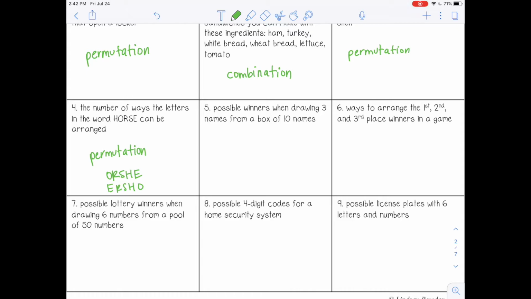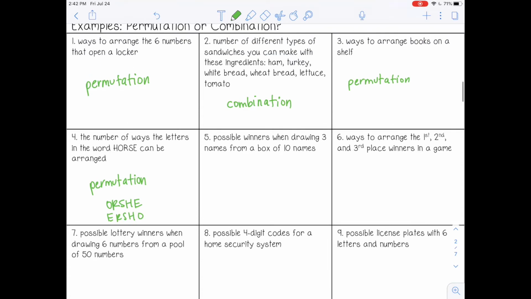The letters are in a different order, and that's a different arrangement. Same thing with the books in number 3. If I have 3 books, let's say I have Beauty and the Beast, The Little Mermaid, and Aladdin. These are all Disney books. So that would be one way to arrange them, and then if I arranged them this way, that would be another way. So the order would matter. Those are 2 different ways to arrange the books.